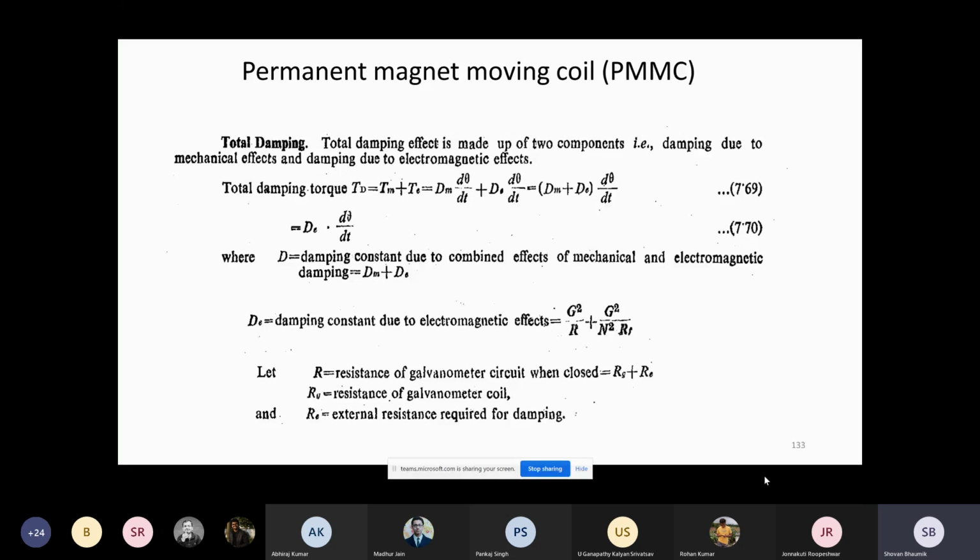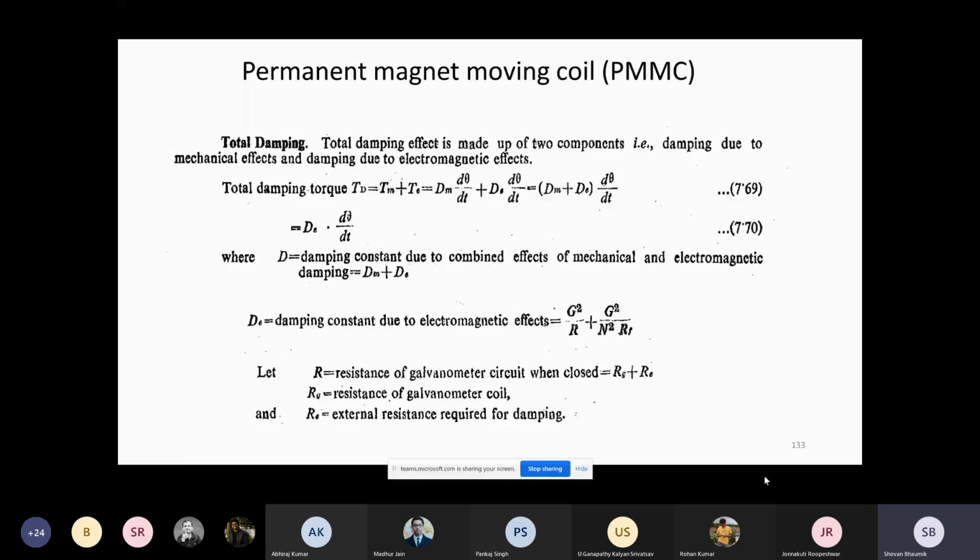The total damping torque will be the damping torque due to the mechanical behavior plus the damping torque due to the electrical, which is the eddy current effect. So there will be two damping coefficients. One is the damping coefficient due to the mechanical part, Dm dθ/dt, and the damping coefficient due to the electrical part, De dθ/dt, and the overall damping will be Dm plus De.